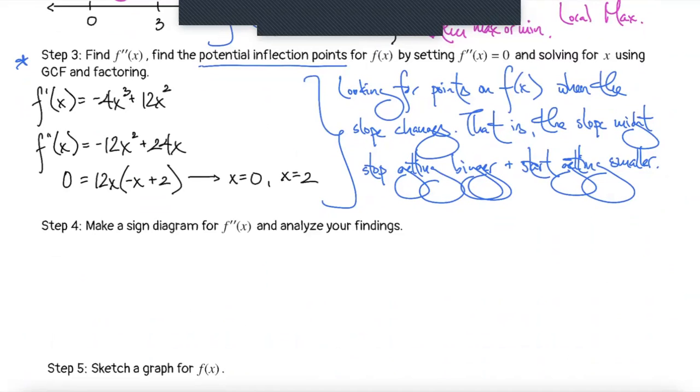So it turns out that our second derivative tells us where that slope might stop getting more negative and start getting less negative. Even though the slope is still negative, we are looking for a point where the slope stops getting more negative and starts getting less negative.